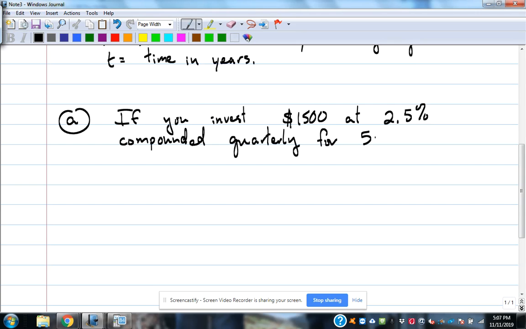And you leave it there for 5 years. Let's say you had an uncle pass away or something, and they left you $1,500. And you said, well, it's found money. I'm just going to put it away, let it draw some interest for a few years. And then 5 years later, you said, that money's sitting there. Let's go see if we got enough to maybe add to our vacation time. So what is the account worth?